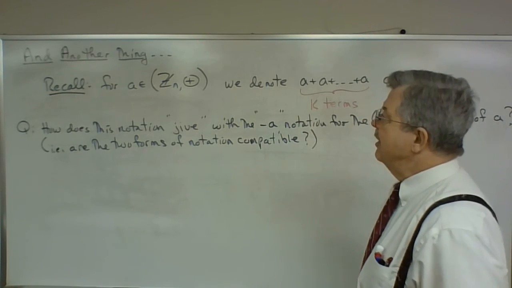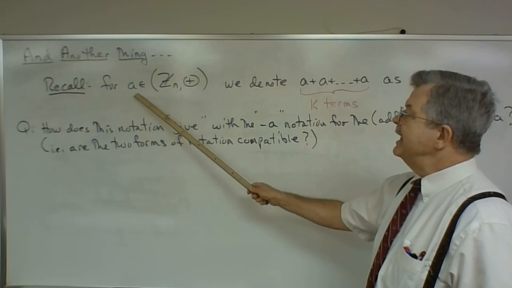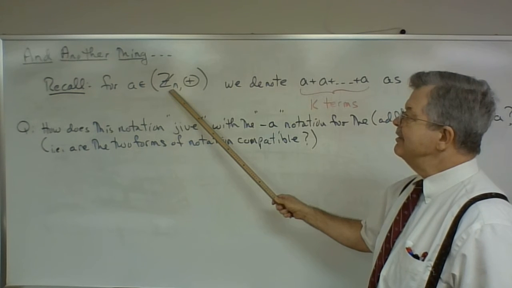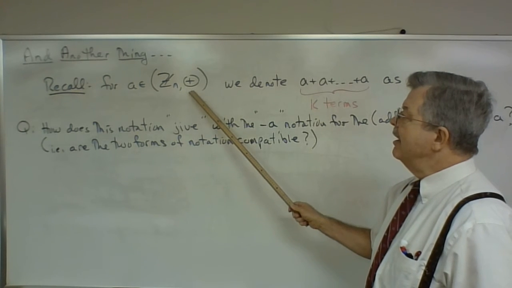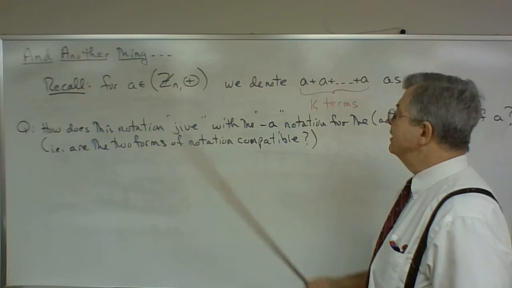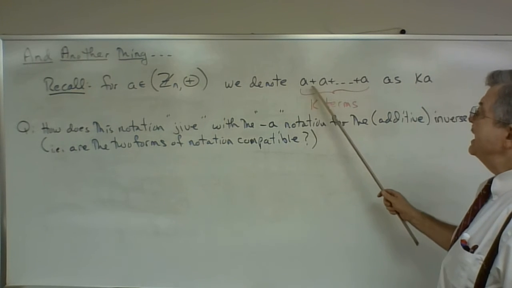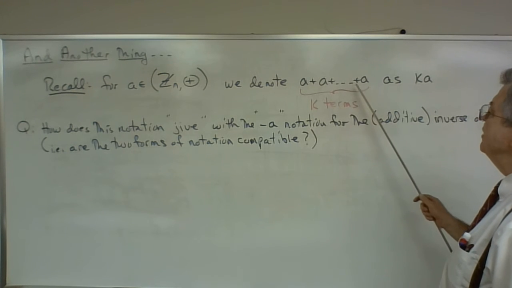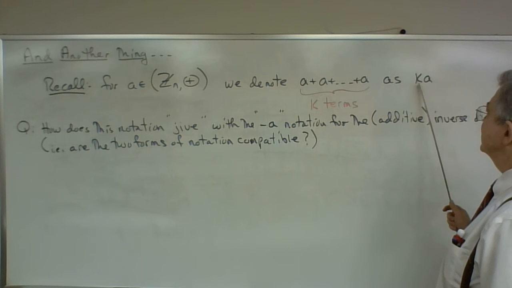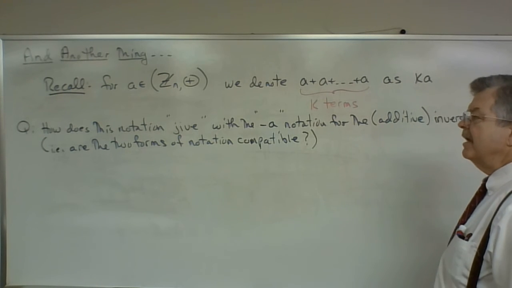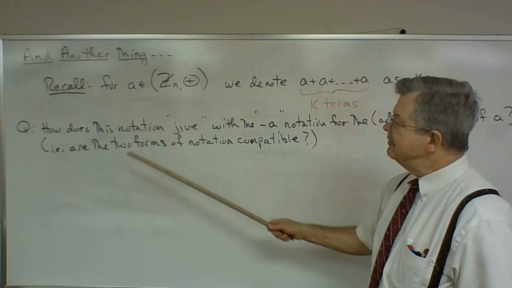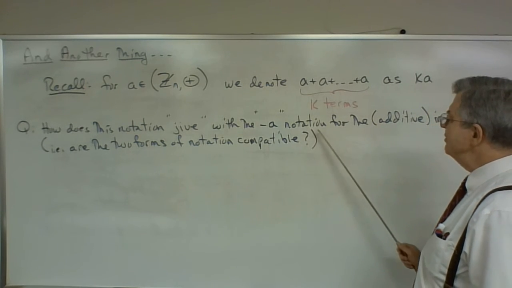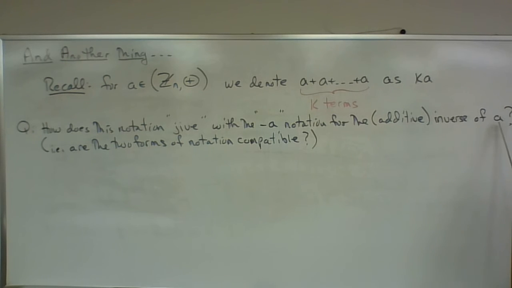Here's some food for thought. For any element A in the set of remainders modulo n under the operation of addition modulo n, if we add A to itself k times, we denote this sum as kA, or k times A. Now a question might arise as, how does this notation jive with the negative A notation for the additive inverse of A?